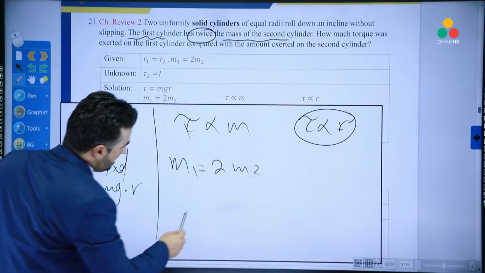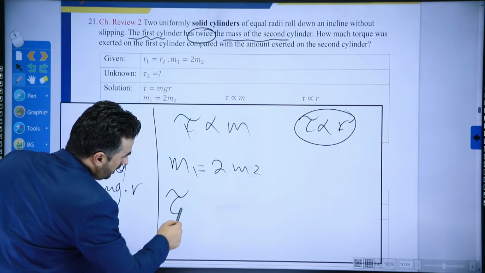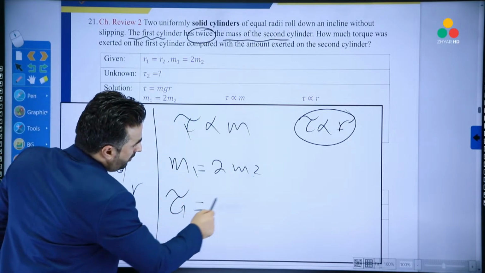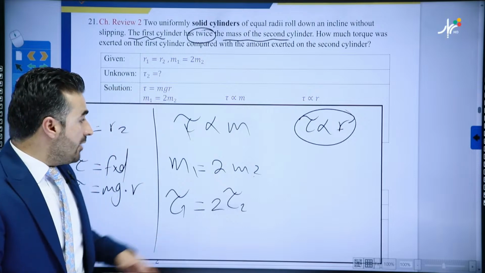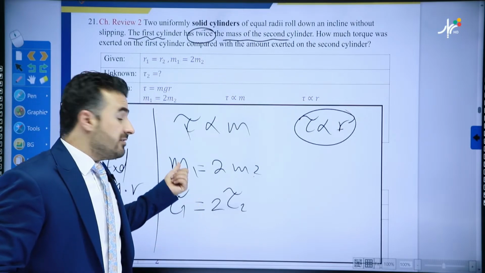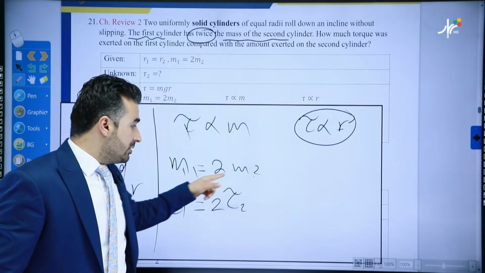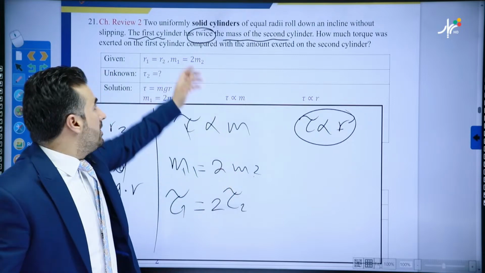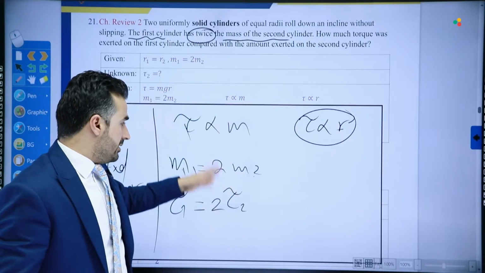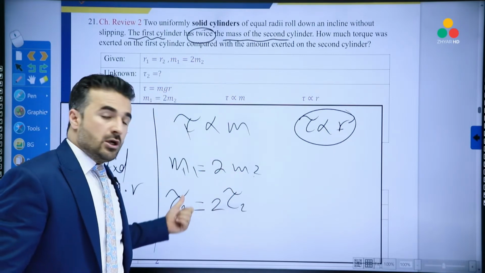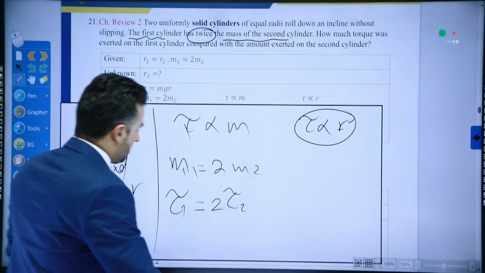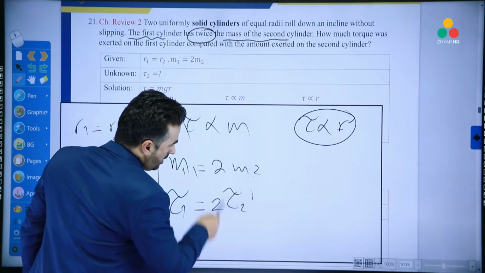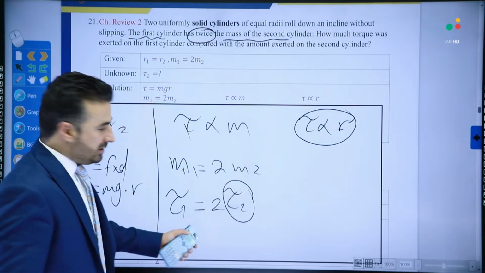Why? Because the mass of cylinder 1 is 2 times bigger, so the torque of 1 will be 2 times bigger than the torque of the second cylinder. But the question asks for the torque on the second cylinder compared to the first, yeah?